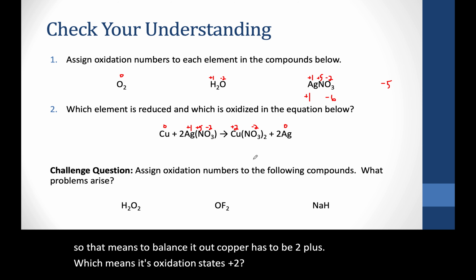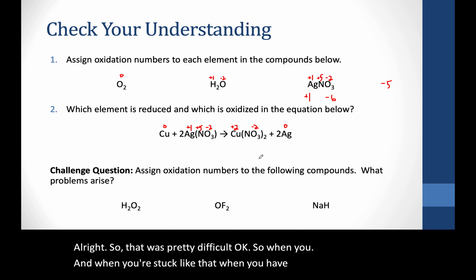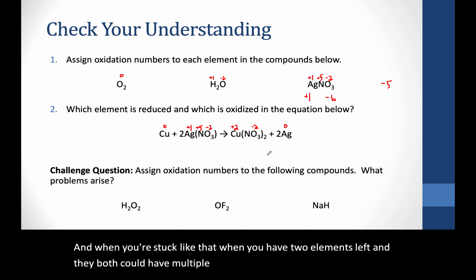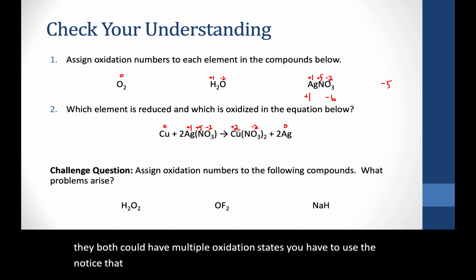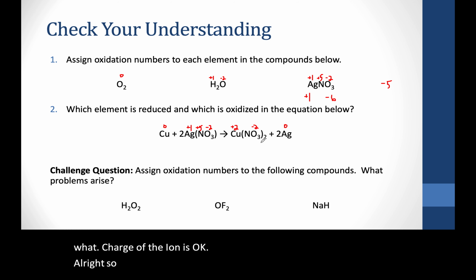All right, so that was pretty difficult. When you're stuck like that, when you have 2 elements left and they both could have multiple oxidation states, you have to notice that it's an ionic compound and then figure out what the charge of the ion is.